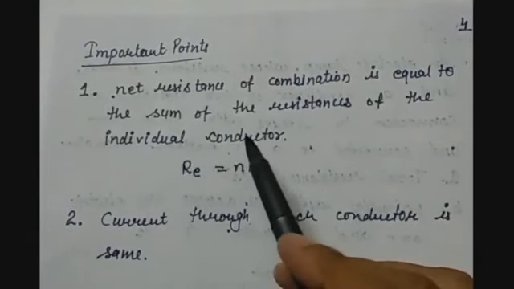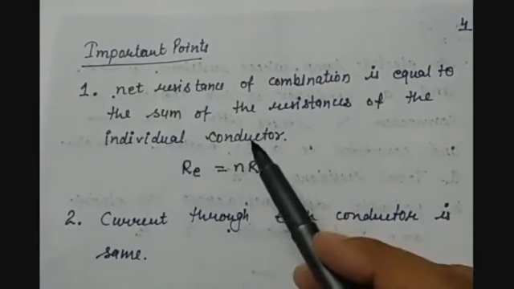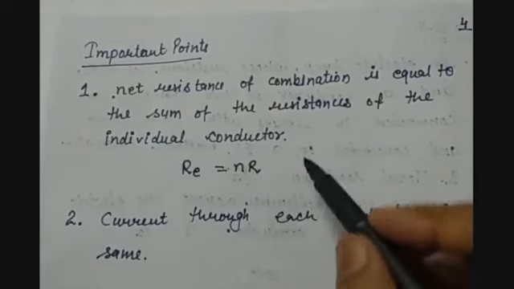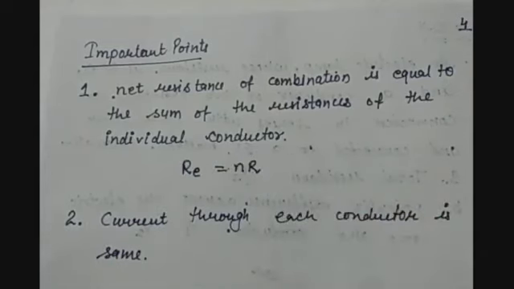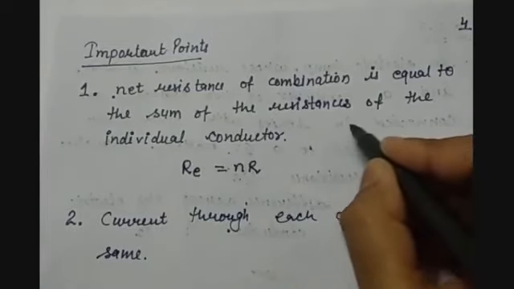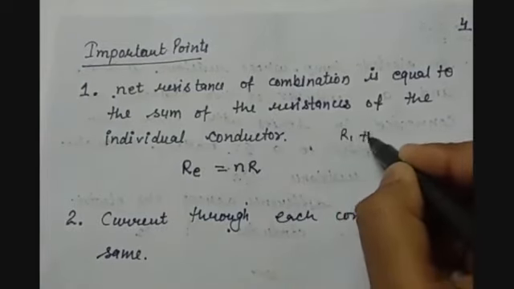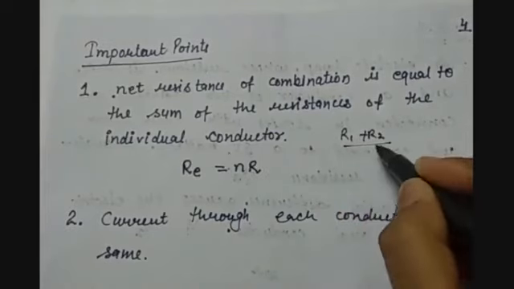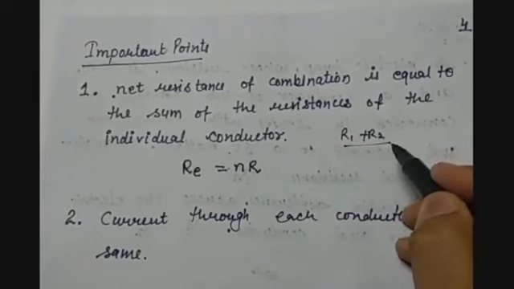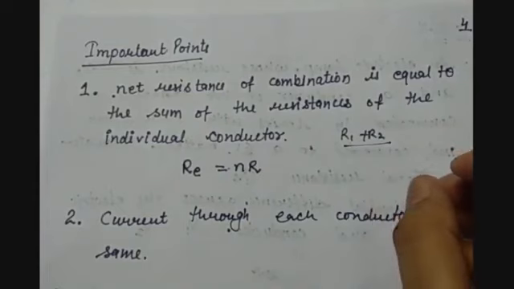We have seen that Re or Rs is always equal to the sum of individual resistances. Suppose we have two resistors, so it will be R1, R2, or whatever name you give to it. Or if it is more than 2, it will be the sum of all the individual resistances.